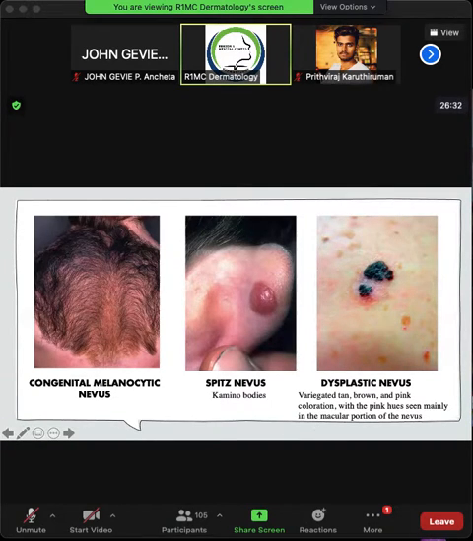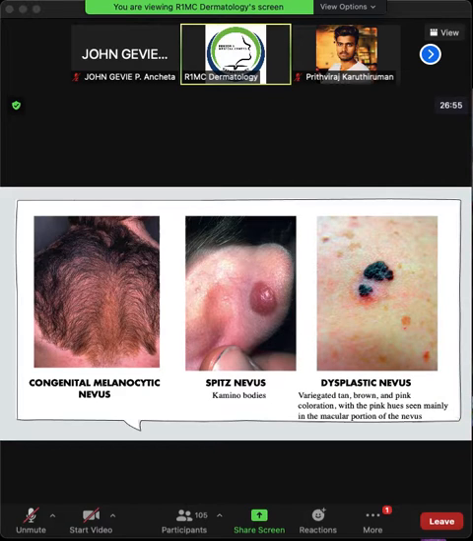So we also have your giant congenital melanocytic nevus, or sometimes they are called your giant pigmented nevi. So they appear as your large, darkly pigmented hairy patches in which smaller, darker patches may be interspersed or present as small satellites.